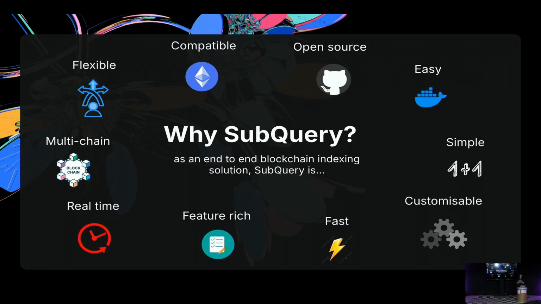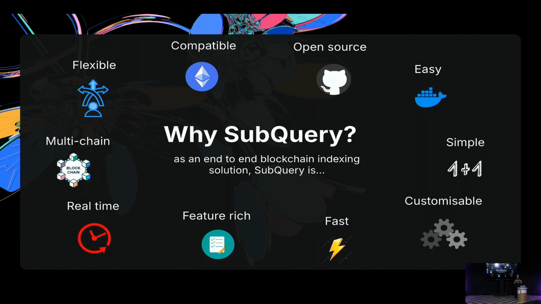It's easy, we use Docker, it's written in TypeScript, it's highly customizable. A lot of parts of the project you can change and adjust to your needs, and some of those I will show you today. It's fast and feature-rich, with a lot of features that we don't have time to discuss today, from real-time data indexing to historic state data indexing and non-deterministic indexing.